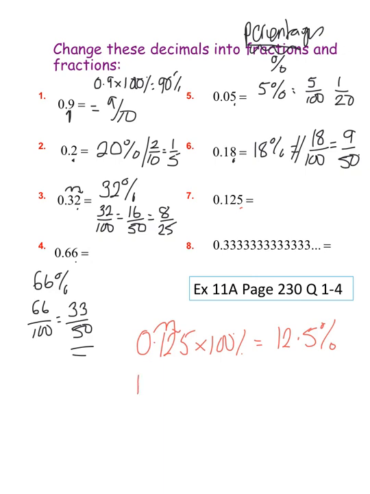So I can write it as 125 over 1,000, and then simplify. I'm going to do that by dividing by 25. So 25 into 100 goes 4 times, and another 25, so that gives me 5. 25 in 100 goes 4 times, so in 1,000 it will be 40. And then divide by 5 again gives me 1/8.